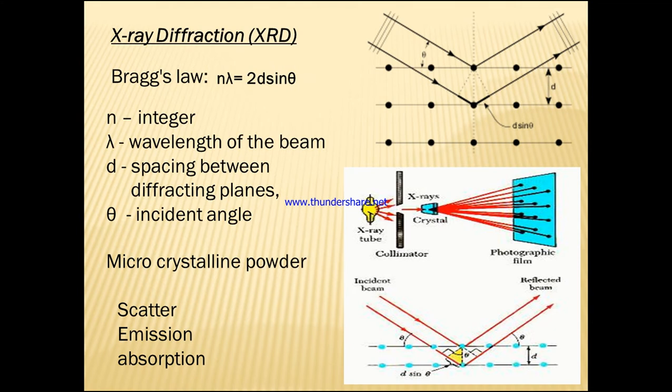When an atom is bombarded with an electron, it ejects one of the electrons. The electron which has more energy pushes out the electron which has low energy.